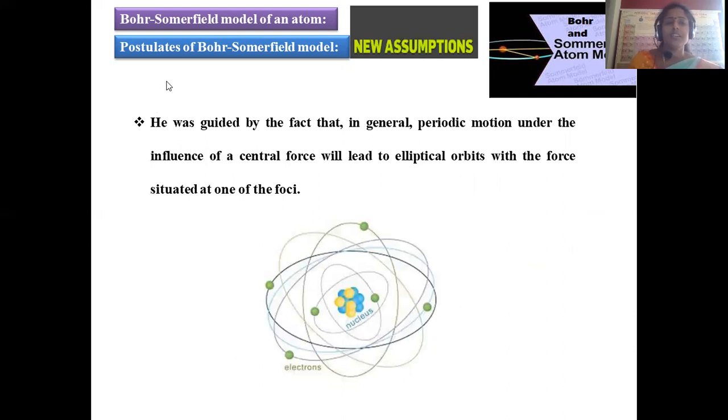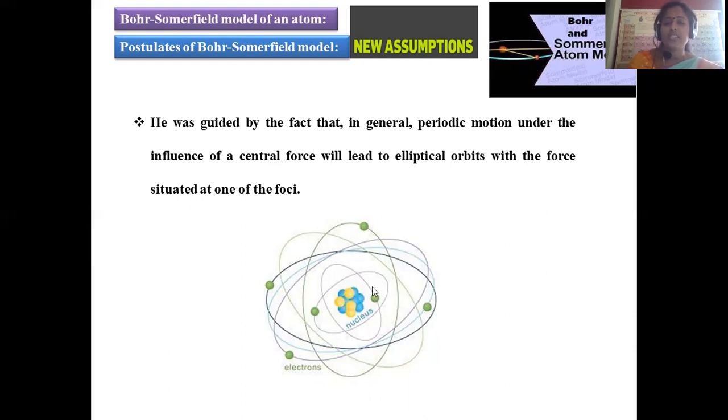In continuation of the postulates of Bohr-Sommerfeld, he was guided by the fact that, in general, periodic motion under the influence of a central force will lead to elliptical orbits with the force center situated at one of the foci. So what is the reason for this? In a particular area the distance from the nucleus to the orbit will be smaller, and in some other region it will be larger.